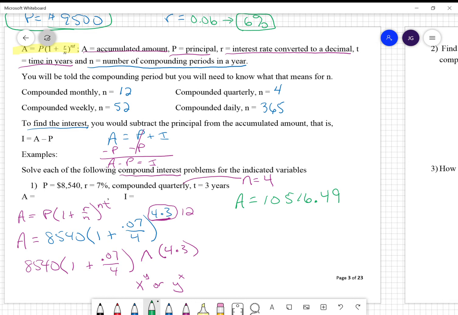Round your money to the nearest penny. And then I is equal to A minus P. So I have this number in my calculator. I'm going to subtract 8,540. My I is $1,976.49.